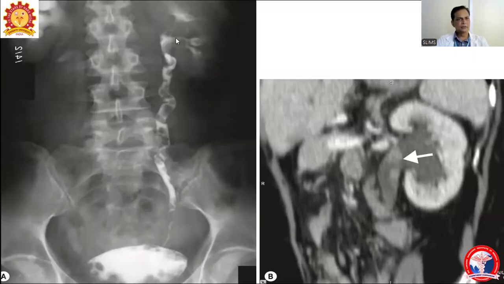This image is again a delayed image of IVP. What we are getting to see is multiple well-defined filling defects all along from the renal pelvis, renal calyces to the ureter, even in the bladder.